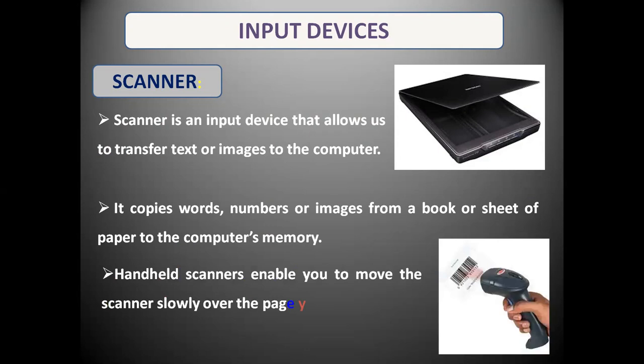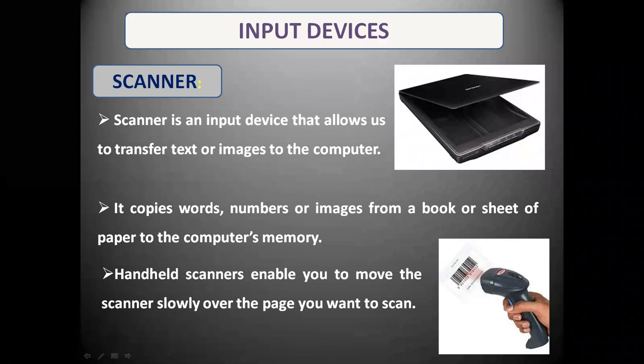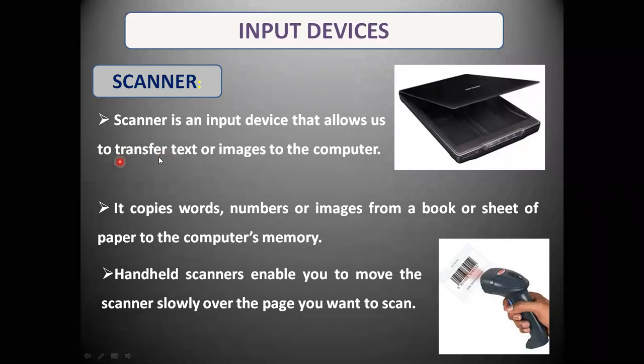Handheld scanners that you might have seen in grocery markets or stores enable you to move the scanner slowly over the page that you want to scan. Remember, it is an input device that is allowing you to transfer text or images to the computer. The word that you want to take care of here is this word transfer.